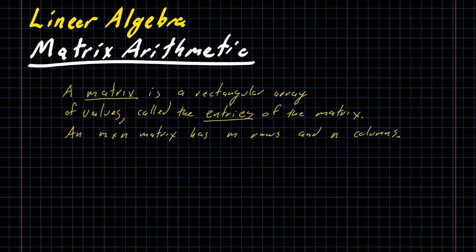And if we are talking about an m by n matrix called matrix A, typically the way we will denote the entries of matrix A is, first, we name matrix A with a capital letter. We name an entry in matrix A with the corresponding lowercase letter.